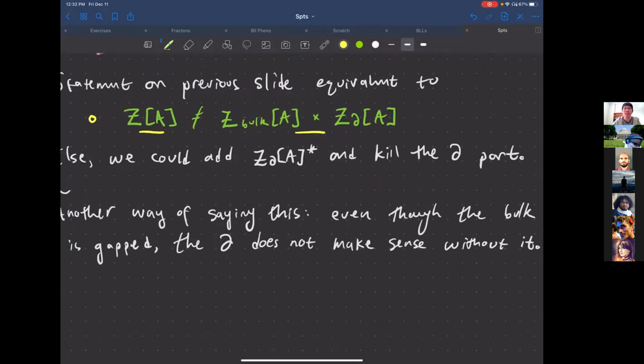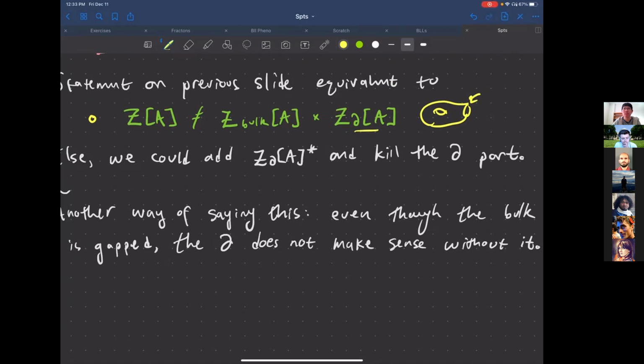If everything was local, one thing that you might expect, given that this system doesn't have any low energy degrees of freedom, is that the partition function on some collection of manifolds like this would just be a product of the partition functions. And in the case where I had some boundary, the partition function would be something on the bulk times some separate thing that's living on the boundary.